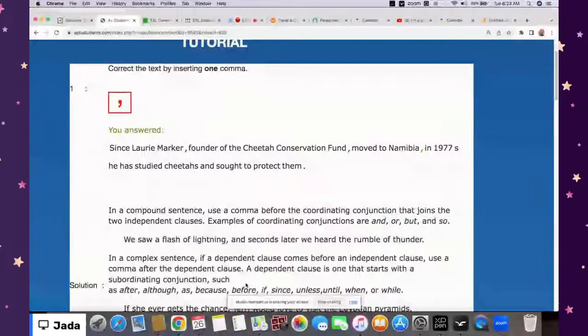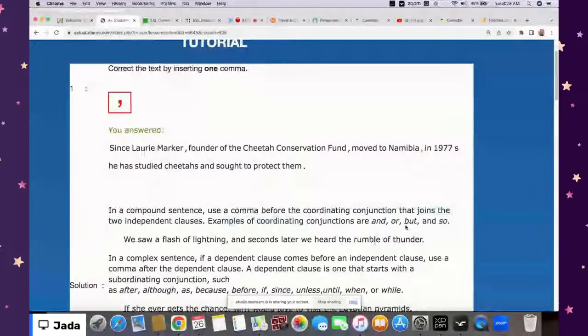Just for example, we saw a flash of lightning, and seconds later, we heard the rumble of thunder. Yes, we have a comma, and then this is a coordinating conjunction. So we have two independent clauses: we saw a flash of lightning, and seconds later, we heard the rumble of thunder.